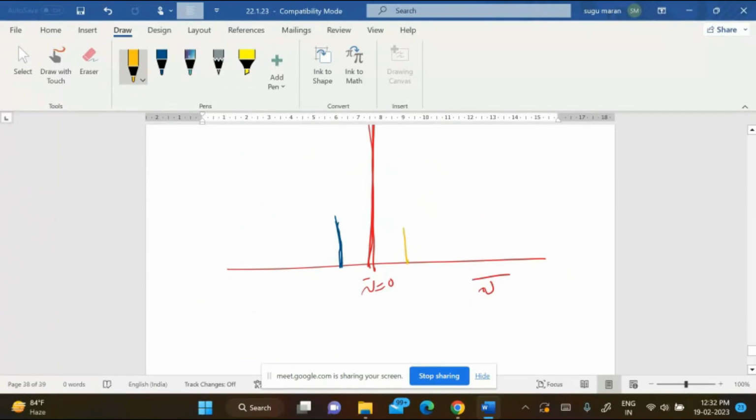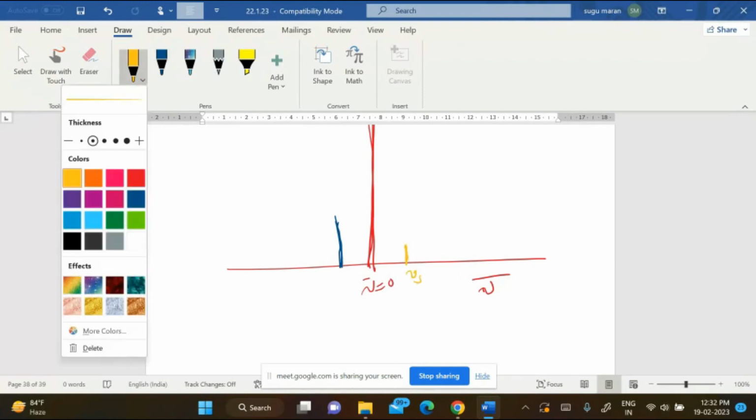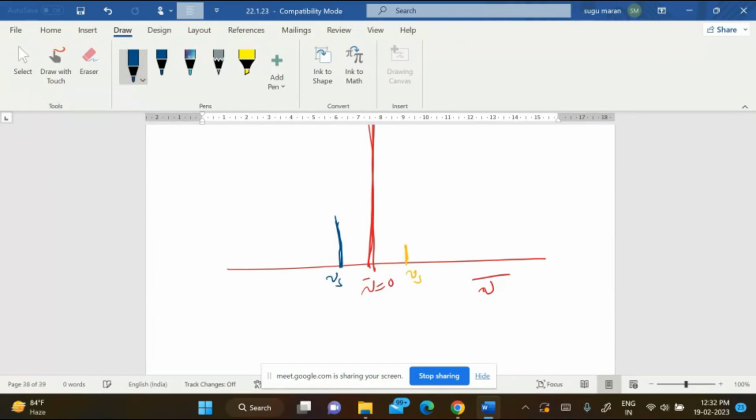So this is my scattered radiation. This is called the Stokes line, and this is called the anti-Stokes line. Look at the energy: the anti-Stokes line is at a higher energy level and the Stokes line is at a lower energy level.